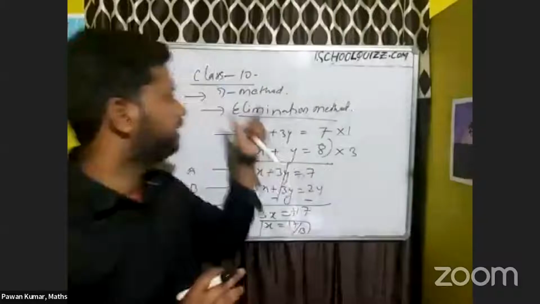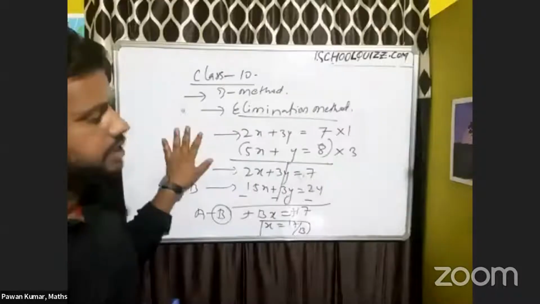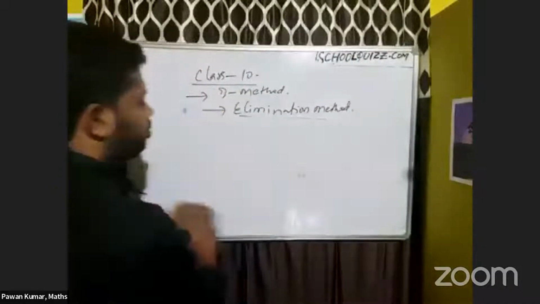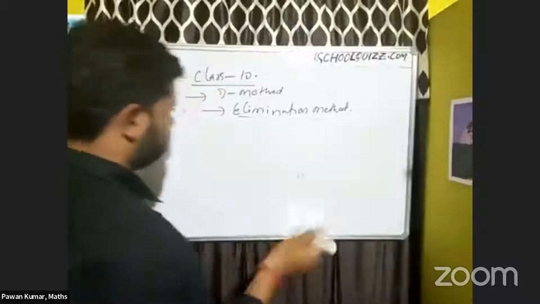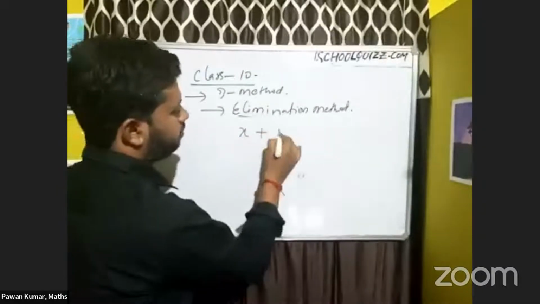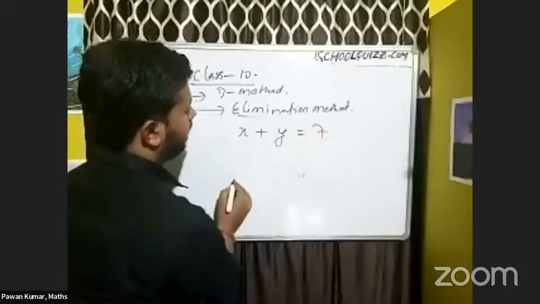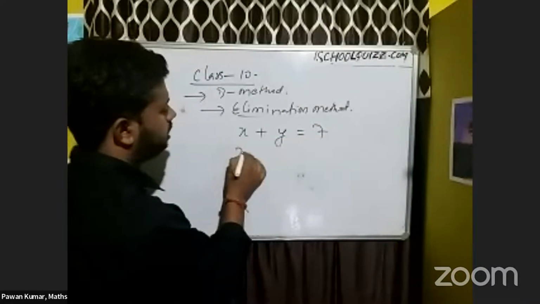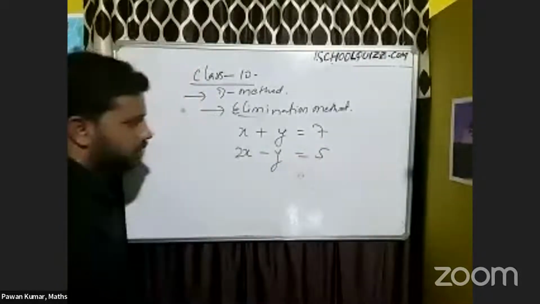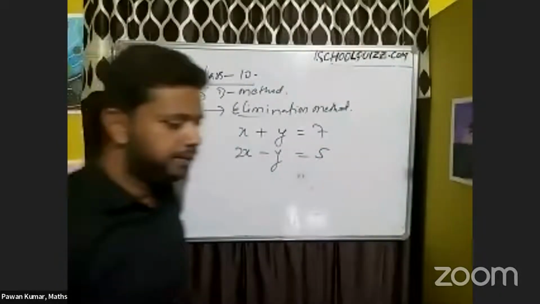सर हम लोग x को भी तो रिमूव कर सकते हैं, हम y को ही क्यों रिमूव किया? हाँ, कर सकते हैं। जो आसान हो, जैसे सपोज let me clear the things. So students are unable to see this one, so see once. Suppose मेरे पास x plus y equals to 7 है, and suppose 2x minus y equals to 5 है। यहाँ पे क्या एलिमिनेट करना आसान होगा?